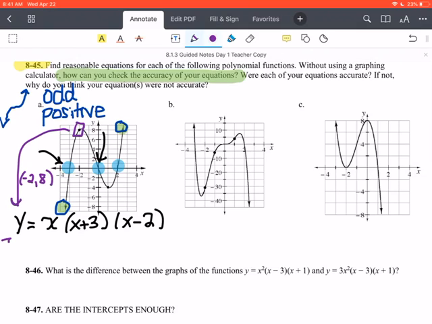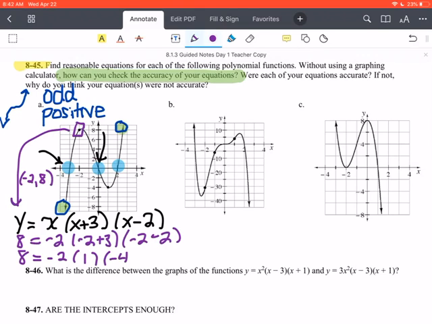So we're going to ask with a question mark, is 8 equal to, and then we have to replace every x with -2. So is 8 equal to -2 times 1 times -4?